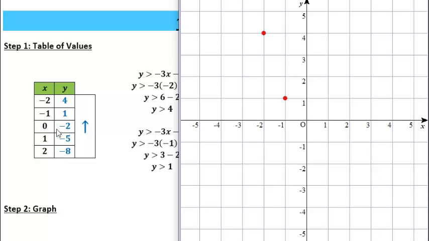The next one is 0 comma negative 2. Remember, the x means moving horizontally, the y means moving vertically. So 0 on an x means you don't move either left or right, you stay there. And minus 2 on a y means you go down 2 positions. So there is where you're gonna put the point, 0 comma minus 2.